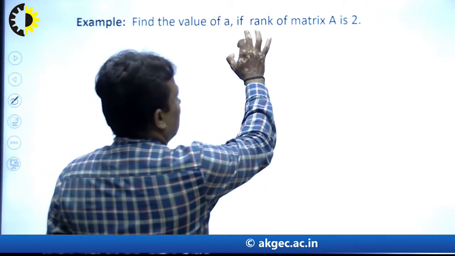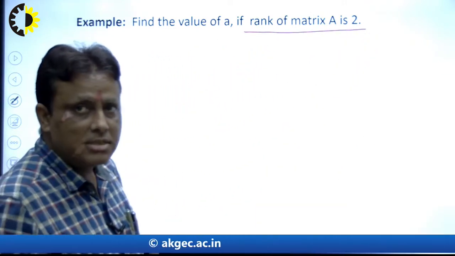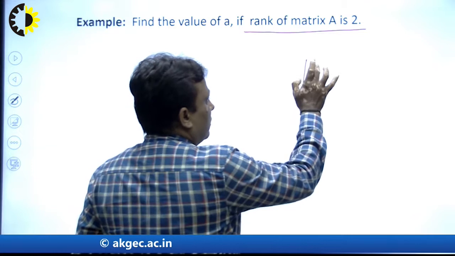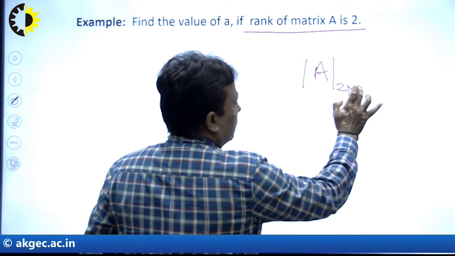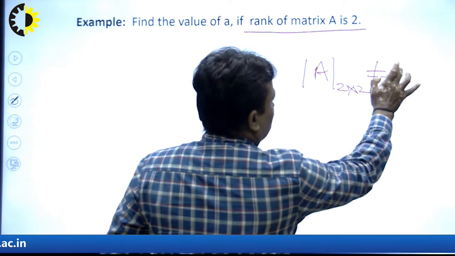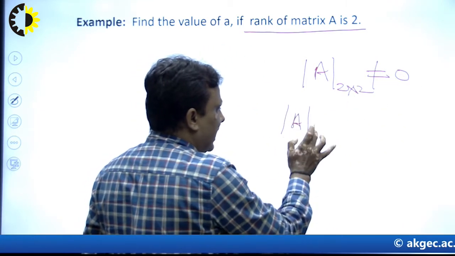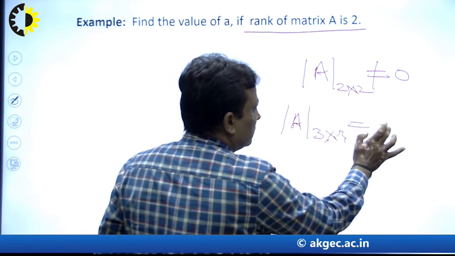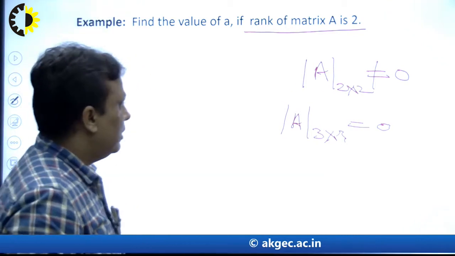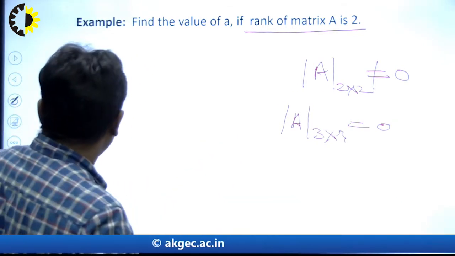Given that the rank of the matrix A is 2, that means the determinant of a minor of order 2 by 2 will be non-zero, and the determinant of A of higher order, that means 3 by 3, will be 0. So we solve the problem with the help of the given condition. Find the value of a.